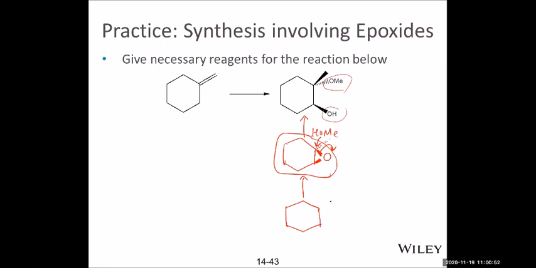From this epoxide, we should have this alkene. Developing a synthesis is about running backward. So we should have this and use the MCPBA to form the epoxide.